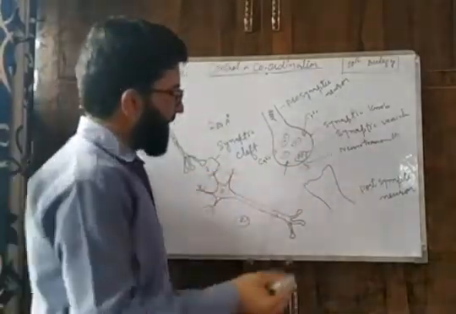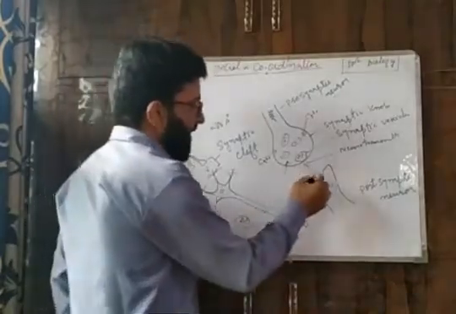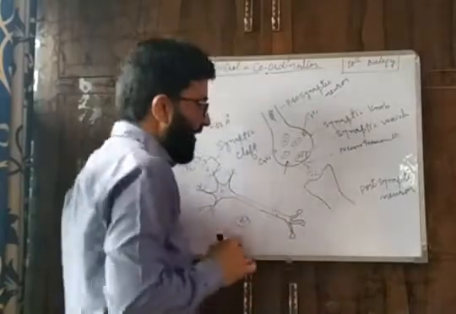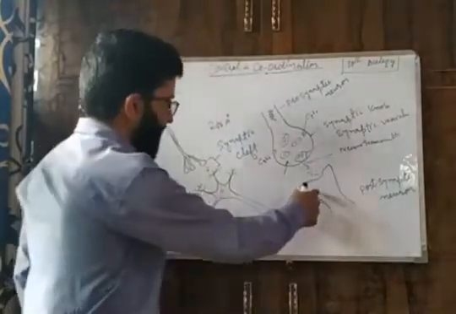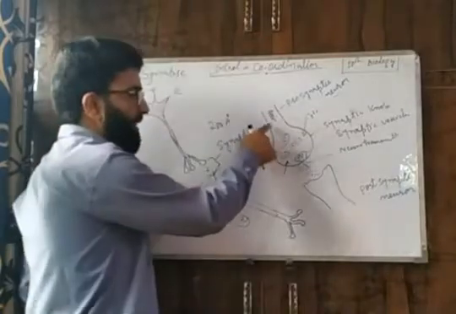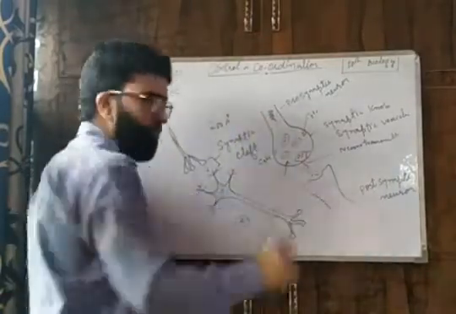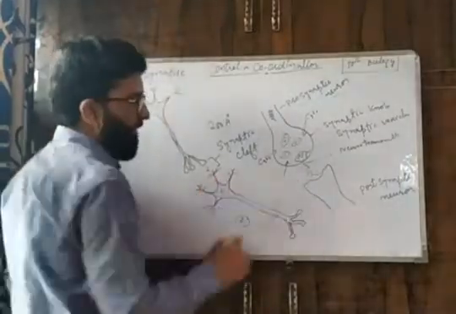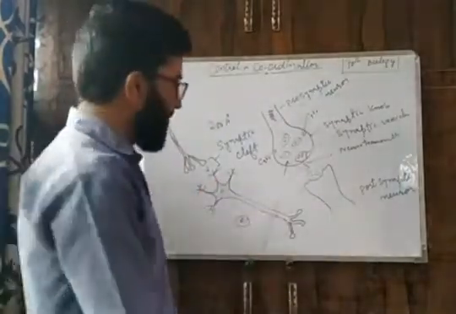Now they will reach the dendrites. This is the dendrite, and we can say it is the postsynaptic neuron. This is the presynaptic neuron, and this is the postsynaptic neuron. It is the dendrite of another neuron, which lies closely to it.